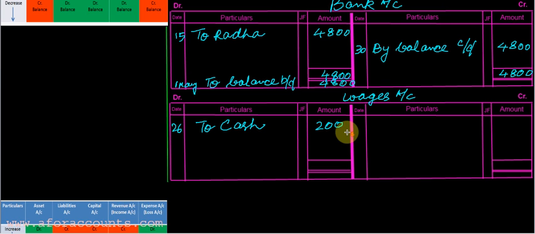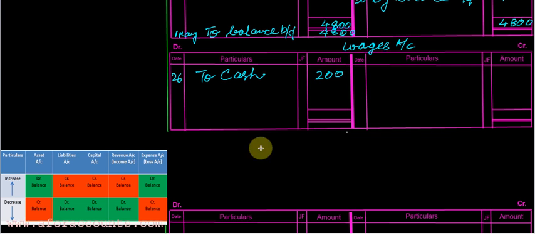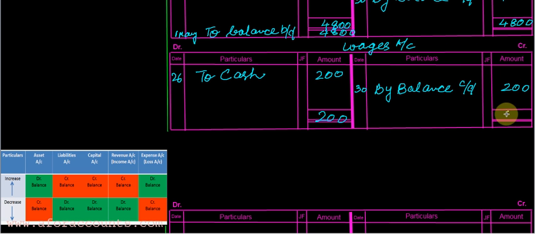Now we have the wages account, balance it, total 200. So on 30th, on the opposite side, by balance carried down 200, total 200. On the opposite side, on 1st May, to balance brought down 200.